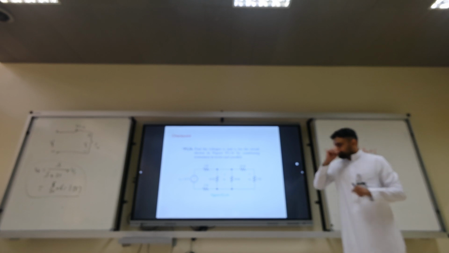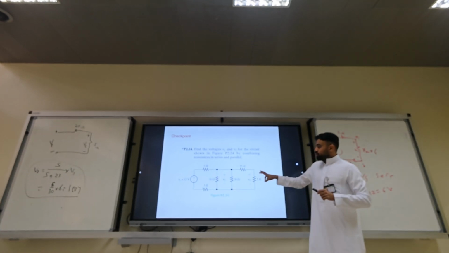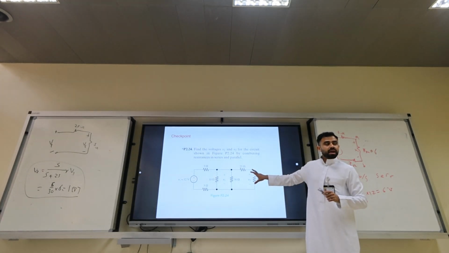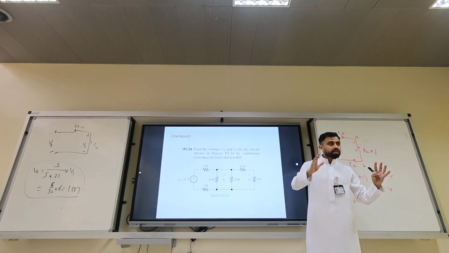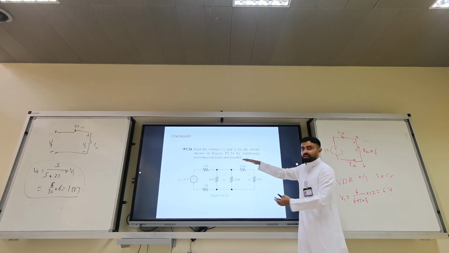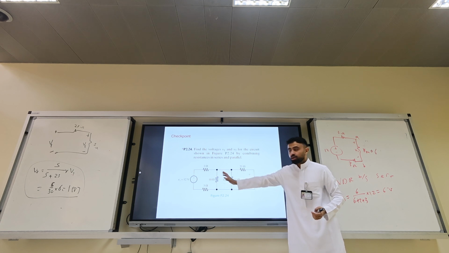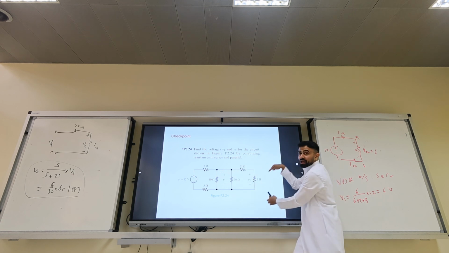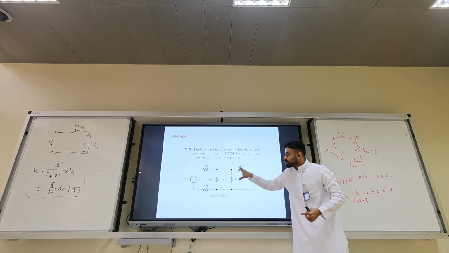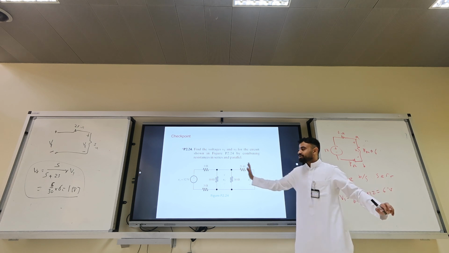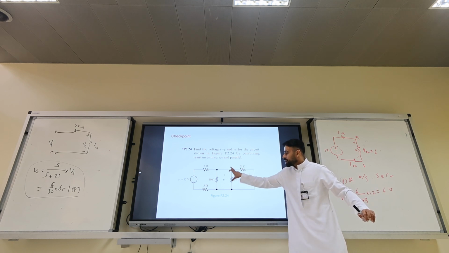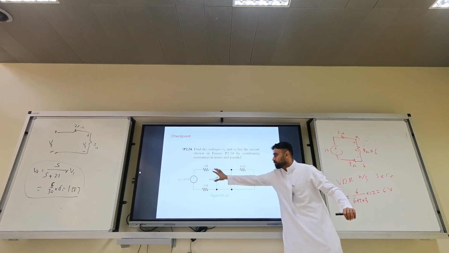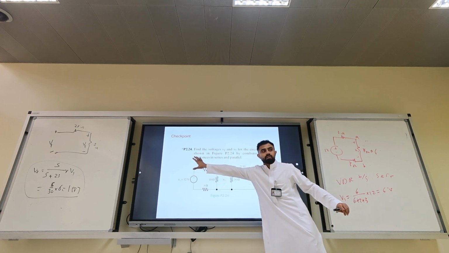If you want to calculate this voltage, I'm giving you a technique to simplify this system to a simpler system. You know the voltage here is V1, right? I don't care if here there is a tree, Aramco, or SABIC, I don't care.